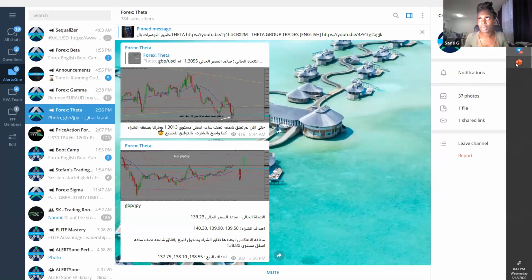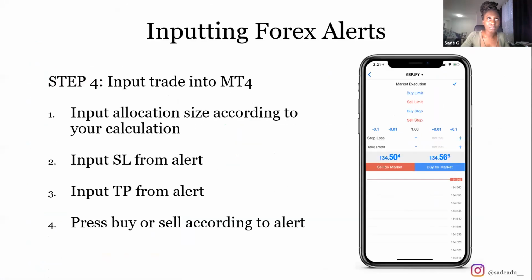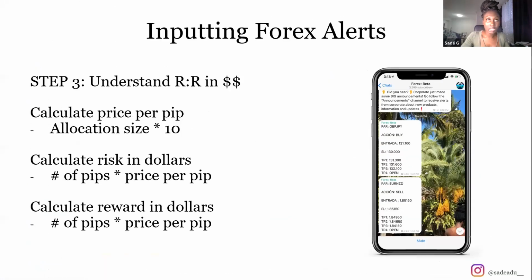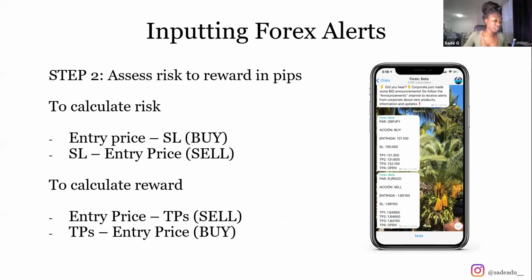Here, I'll pull it back so you guys can see. You can do the math and let me know. So let's do the math and see, guys. What's our risk? If our entry price is 139.23 and our stop loss is 138.80.